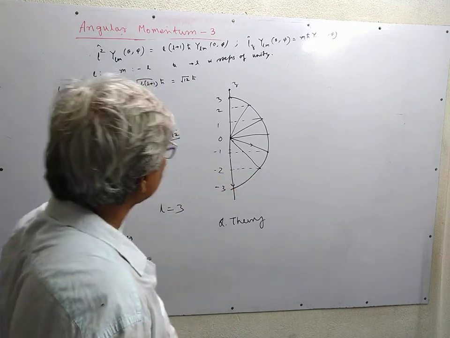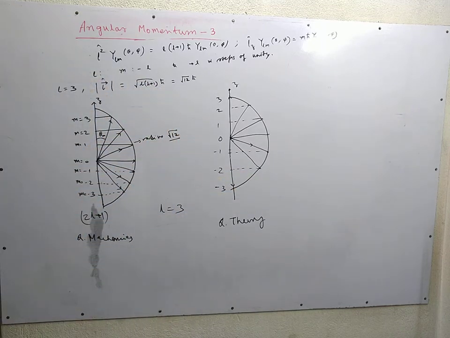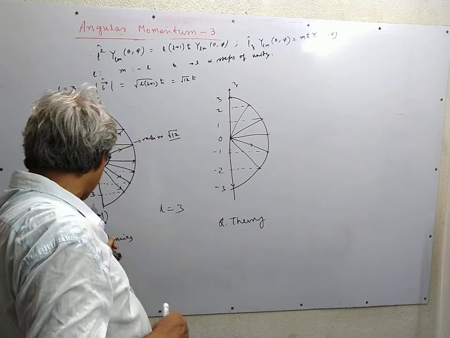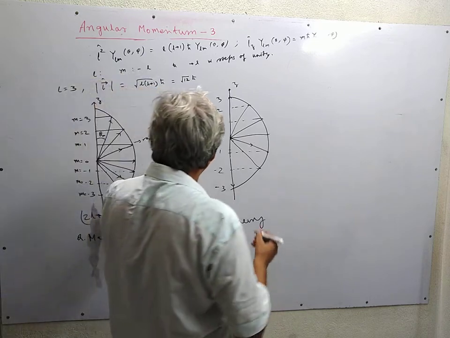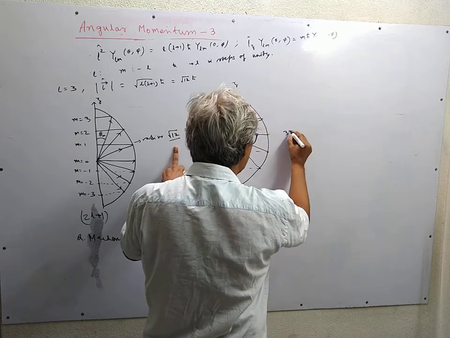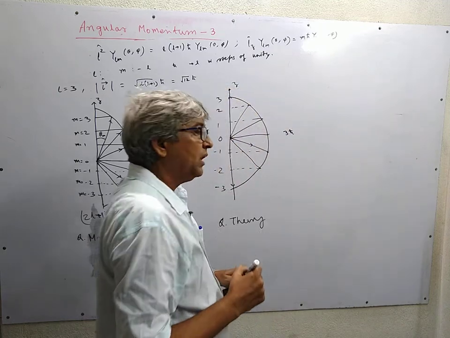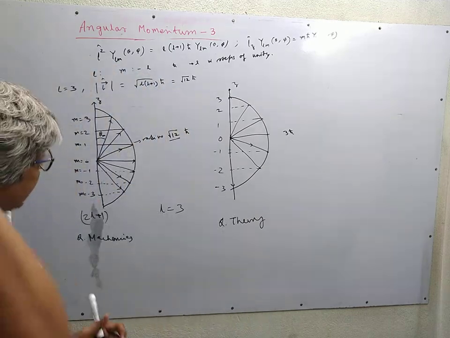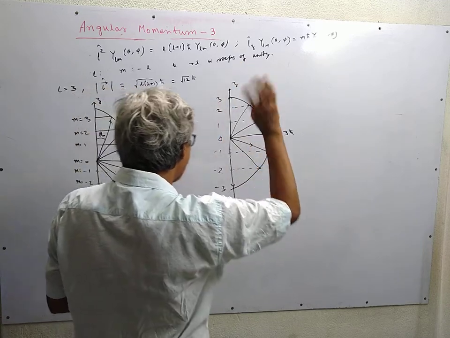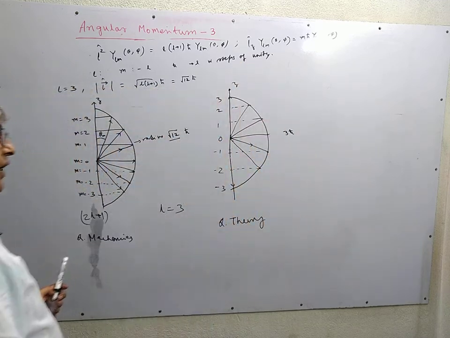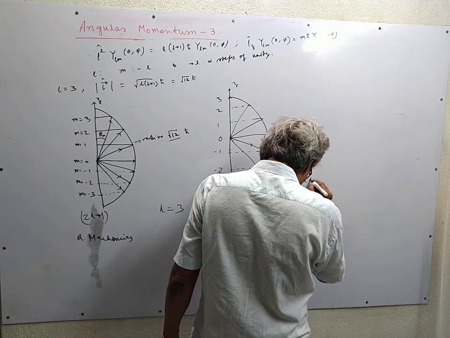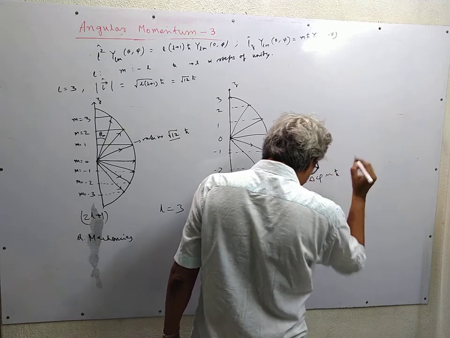This violates quantum mechanics because, as we specify the magnitude of angular momentum, here the magnitude is root 12 h cross, and here the unit is root 3 h cross. So we specify the magnitude of the angular momentum, and as well we specify that it is along the z axis. So we are specifying the angular momentum and its direction, which violates the uncertainty principle, delta L delta phi is of the order of h cross.